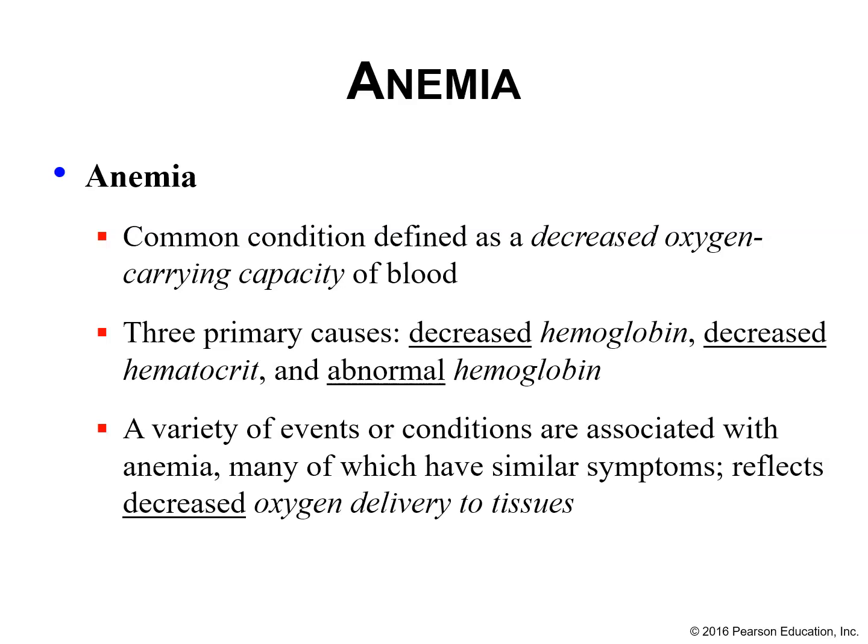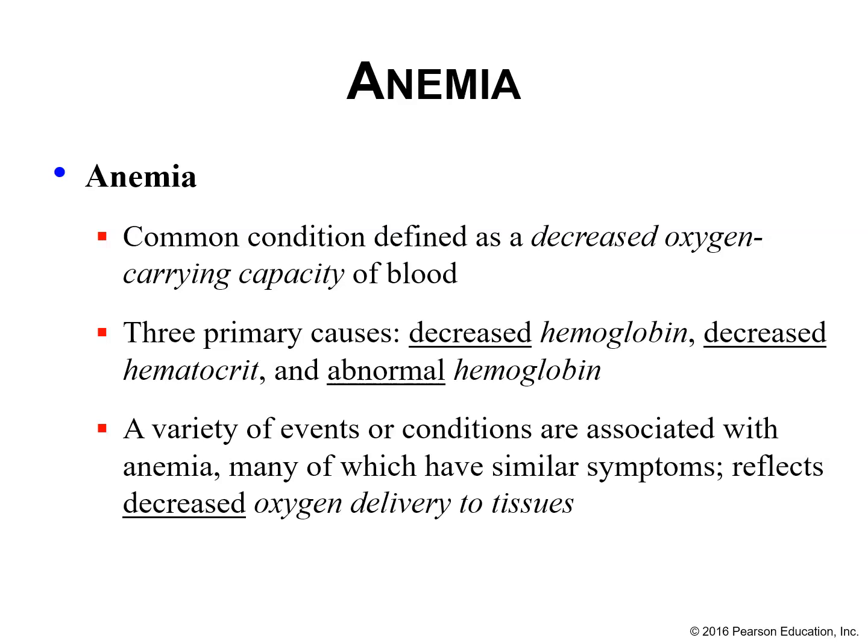And the third cause for anemia is what we refer to as an abnormal hemoglobin. Either inadequate iron or something's wrong with the polypeptide units. So you have a variety of events or conditions associated with anemia. Many of these have similar conditions and symptoms, and that reflects mainly the decreased oxygen delivery to the tissues.